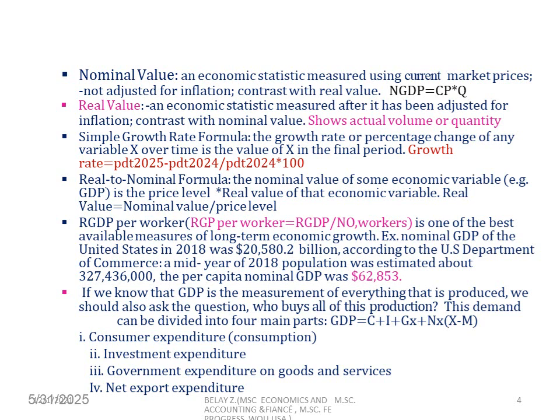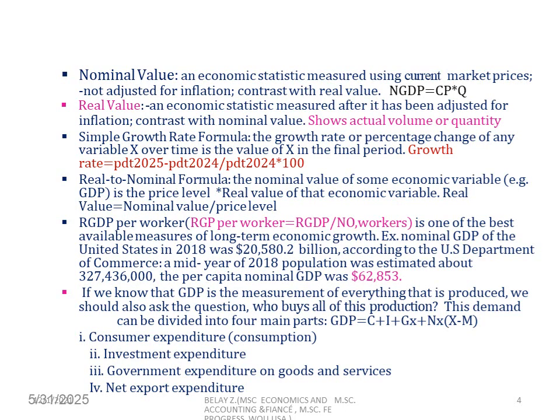Simple growth rate formula. This is used to know the change. The growth rate or percentage change of any variable x over a time is the value of x in the final period minus the initial period, over the initial period. We can calculate the growth rate as production of 2025 minus production of 2024 over production of 2024 times 100.